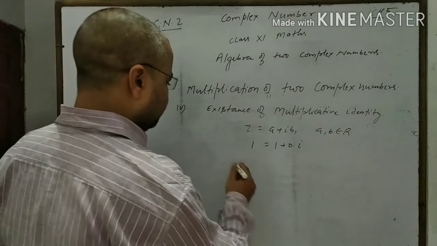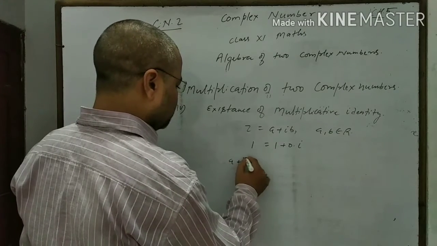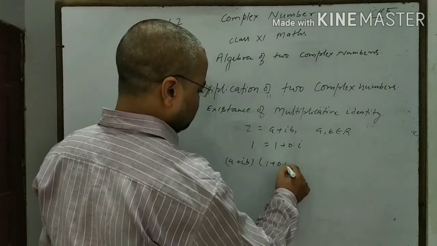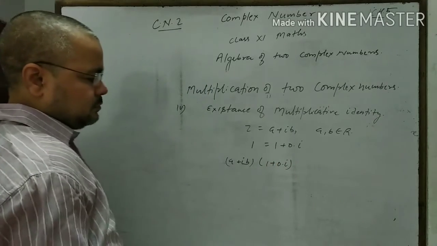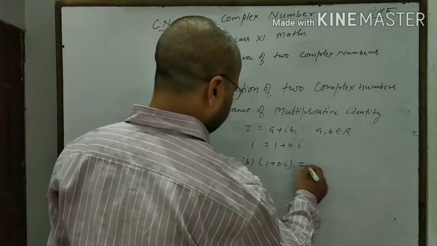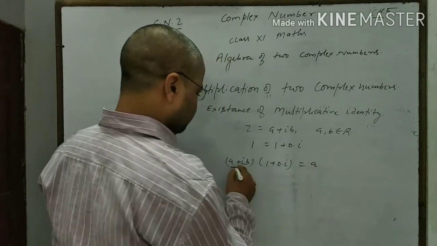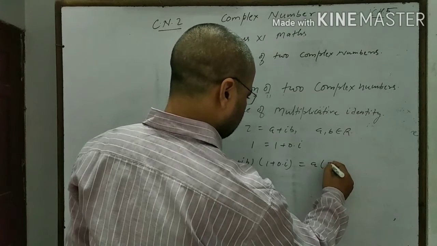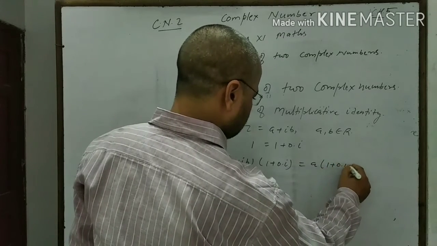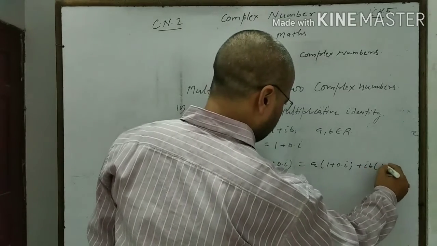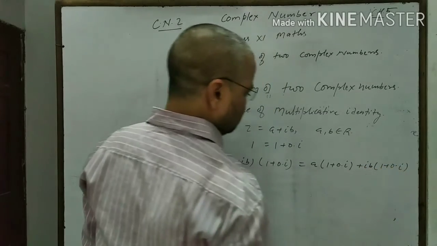If we multiply a plus ib by 1 plus 0i, then it will be a into (1 plus 0i) plus ib into (1 plus 0i).